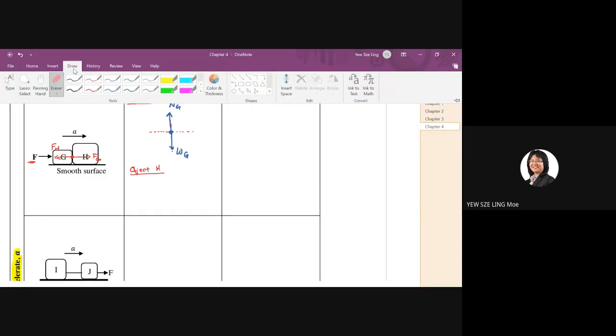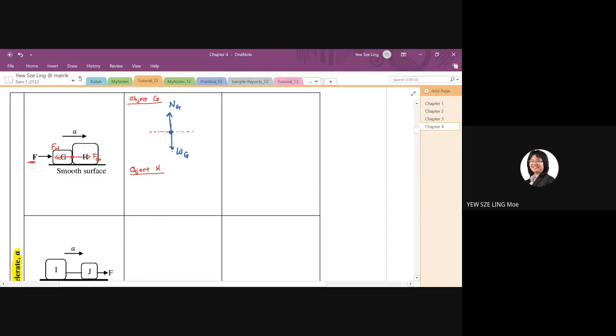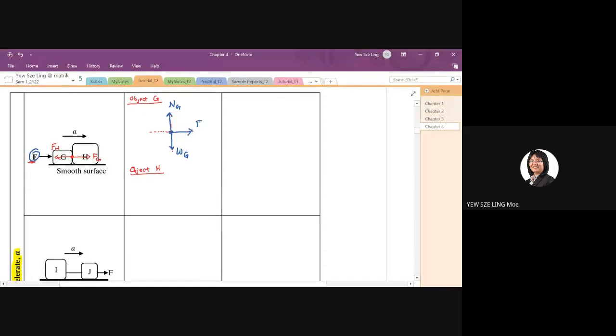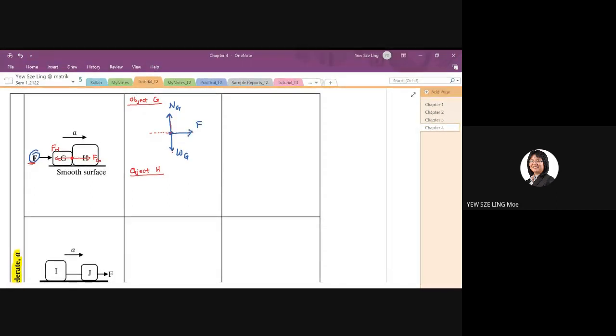All right. So the second force is NG. Now, the third force. If you look at the diagram, this external force F is directly in contact with object G. Therefore, we are going to put it on object G here. So we have an external force going to the right-hand side. So this is correct.